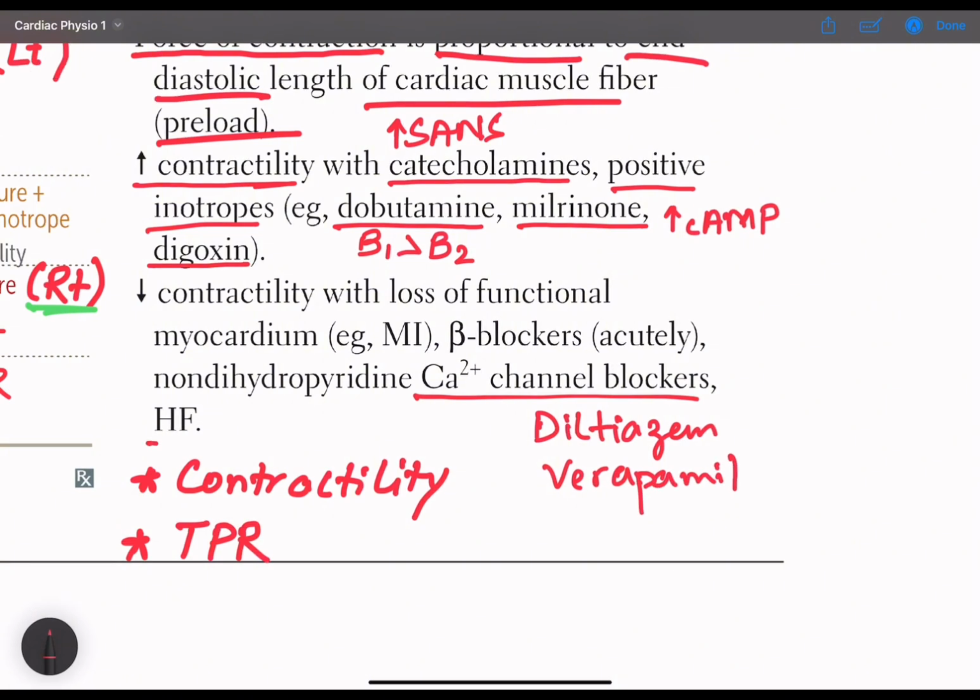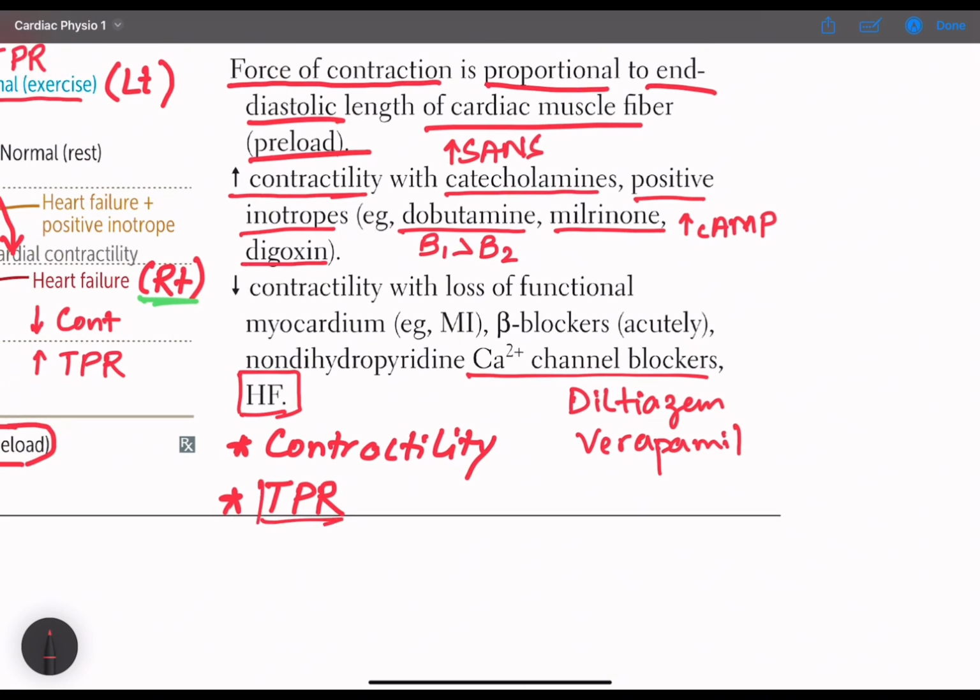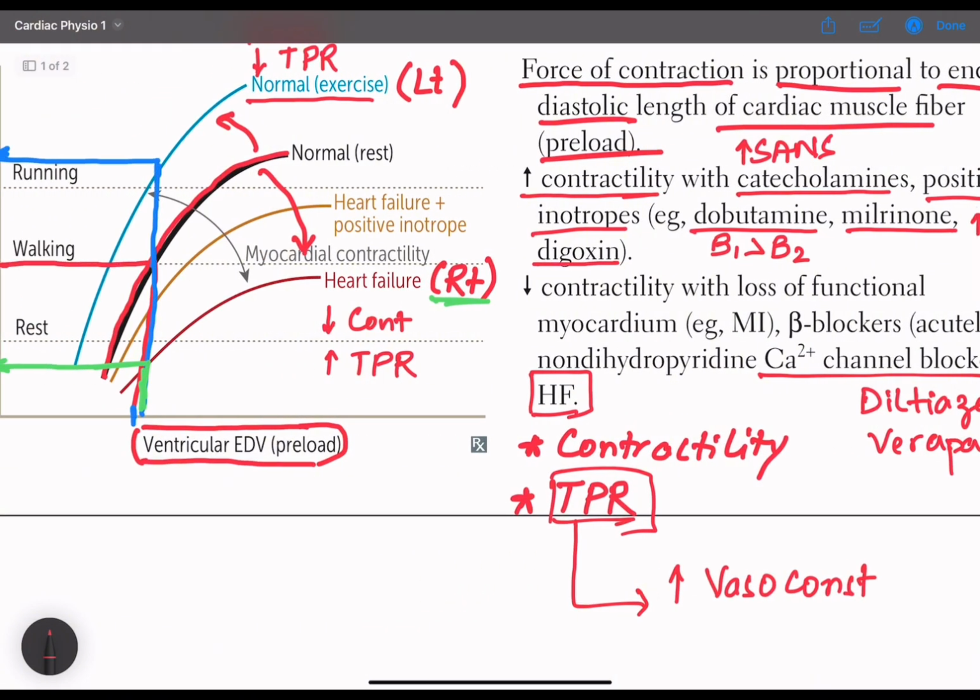And then we have heart failure. In heart failure we again have decreased contractility. And what are the conditions which lead to increased TPR? Vasoconstrictors lead to increased TPR, which can again shift the curve to the right.